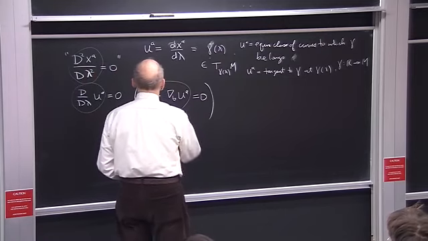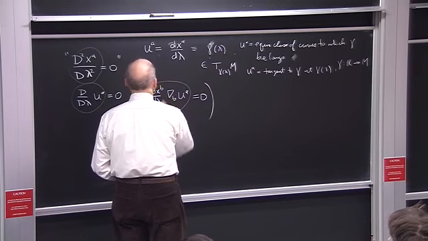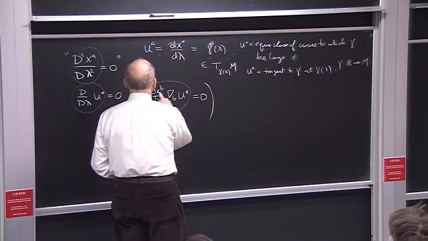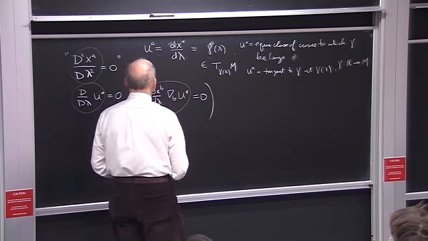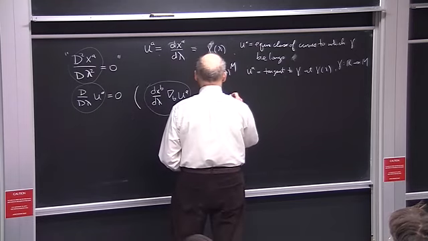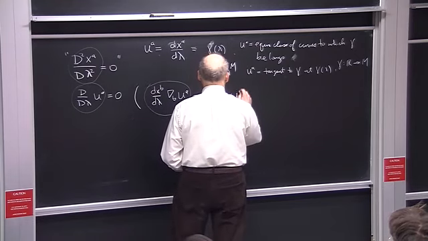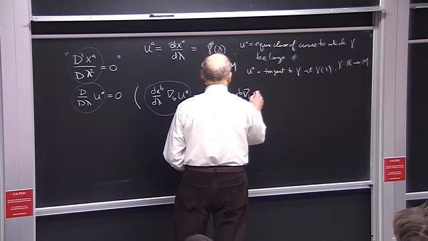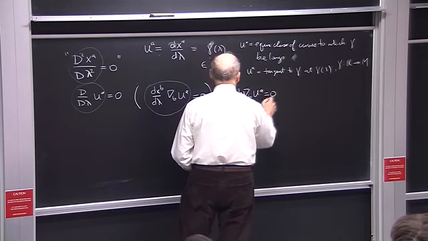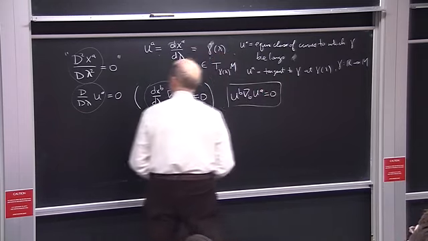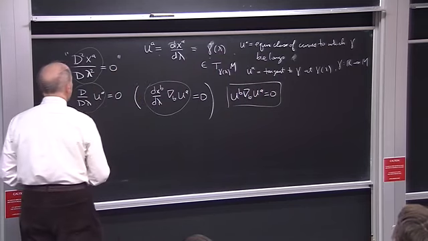And of course, because this derivative we've defined to be u, I can also write it, therefore, in a fourth way, u^b ∇_b u^a equals 0. So that's another way of writing it.